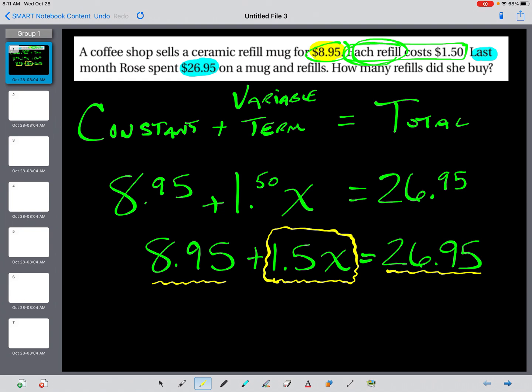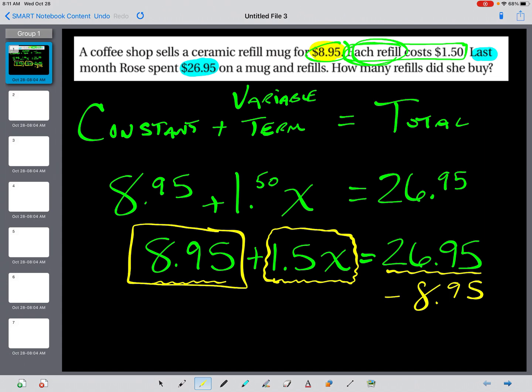And then you would just carry out all of the normal algebraic strategies to solve for equations, right? In order to solve for the unknown, you would want to subtract out the constant of that 8.95. So when you do that, you do 26.95 and you subtract out the 8.95 and you're left with 18.